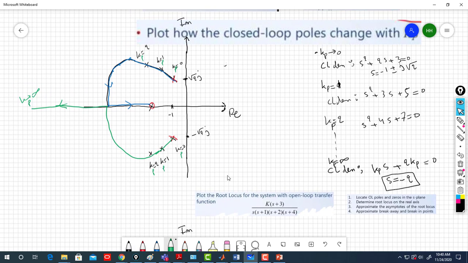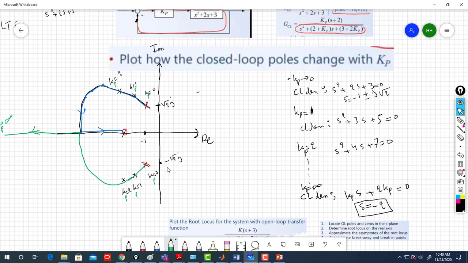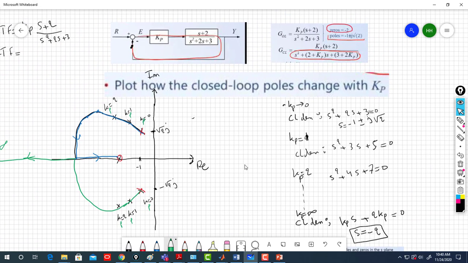Doctor, just a small question. Yes. How did S equals minus 2 come out when K equals infinity? Again, you go to the denominator. Here is your denominator. Now Kp tends to infinity, so you neglect this, and you neglect this, you keep Kps.